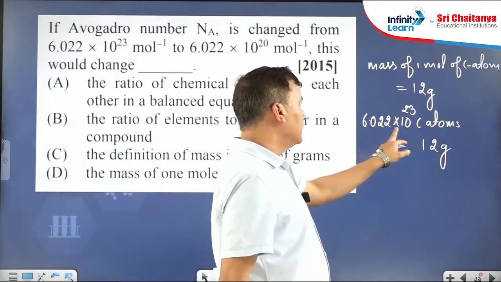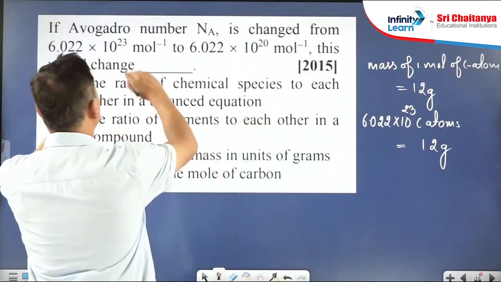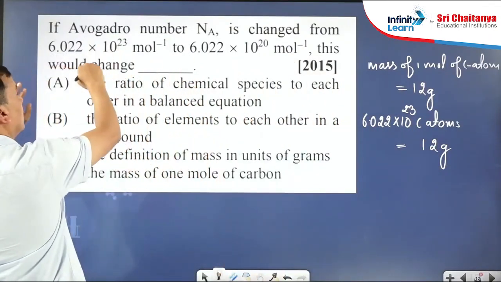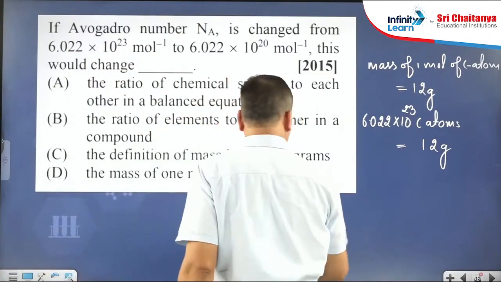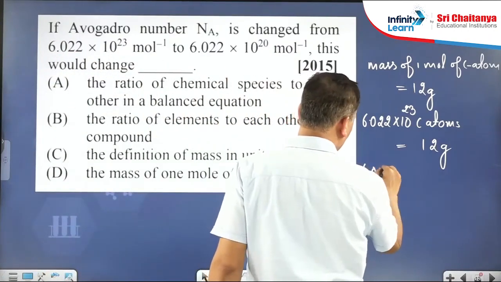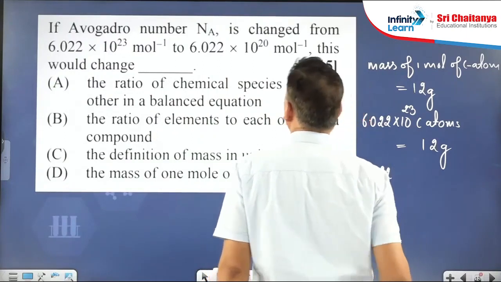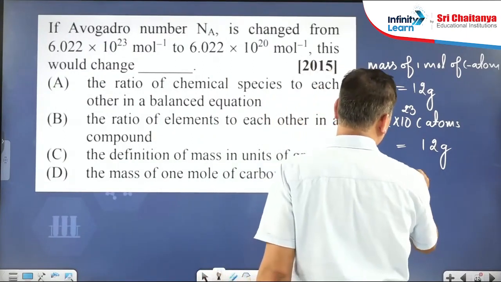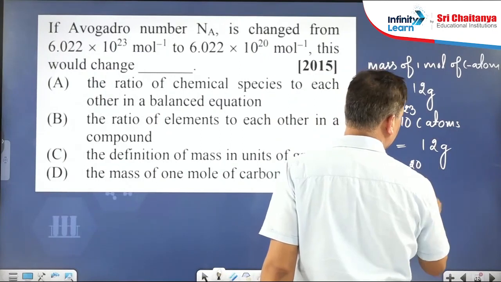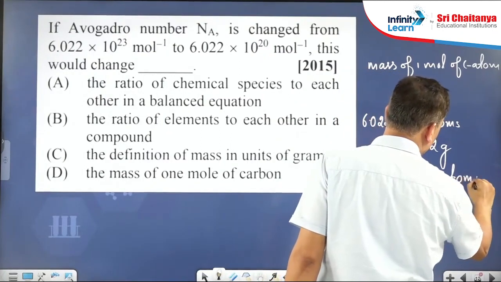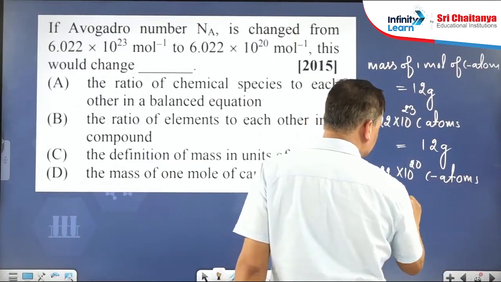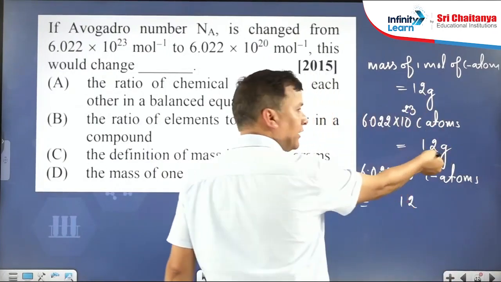Now in the question, this mole is changed into this one. Now dear, here is 6.022 into 10 raised to power 20 carbon atoms will have a mass equal to what? Because this is a fixed quantity.